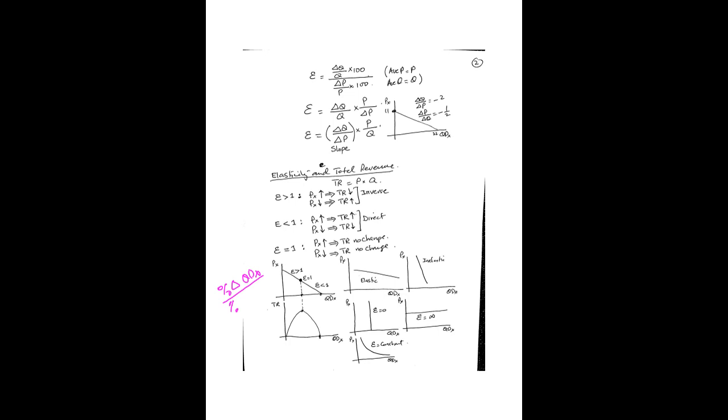Okay. Now let's suppose you are at this point. At this point, notice price is very high. And I told you if price is very high, percentage change in price is very low. So this number is a very low number, a small number. And at this point, if you notice, quantity is at the initial stages. So percentage change will be very high. So this number will be very high.